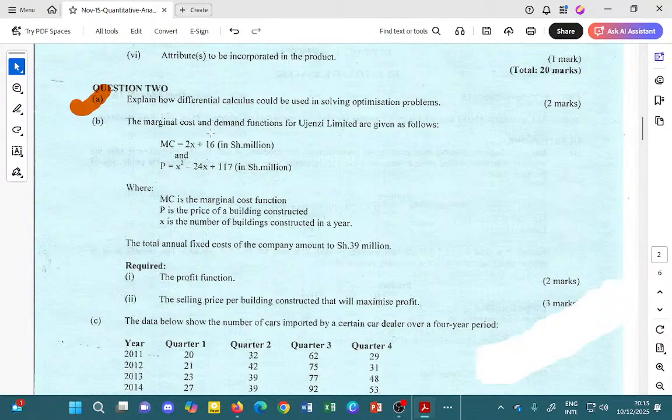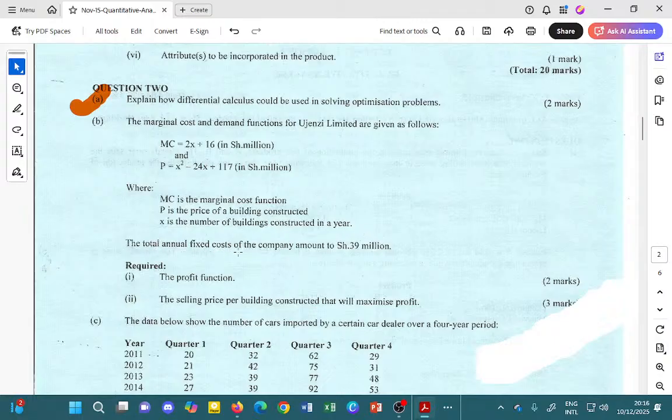The marginal cost function is given in millions, and the price is x squared minus 24x plus 117, also given in millions, where MC is the marginal cost function, P is the price of a building constructed, and X is the number of buildings constructed in a year.